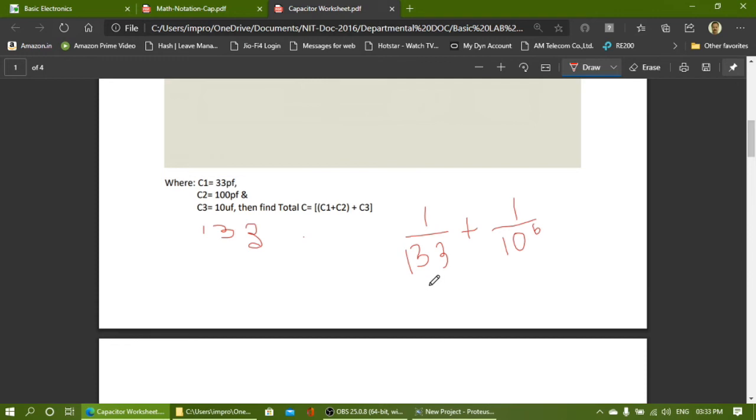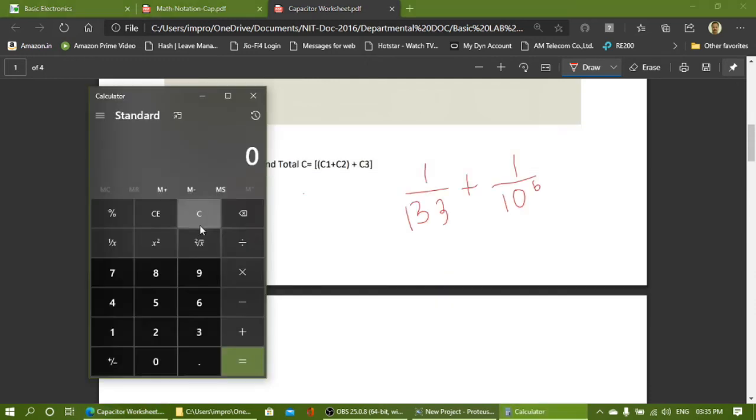Then do this one, after that you will get... so after you get it calculated, you will give that figure 133.